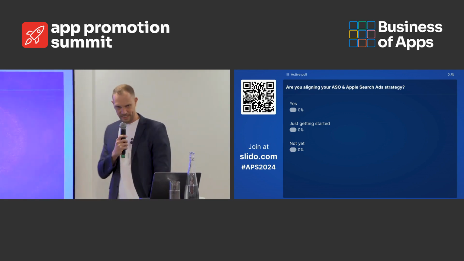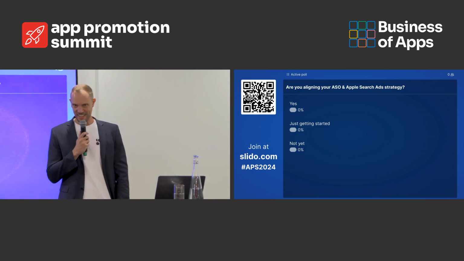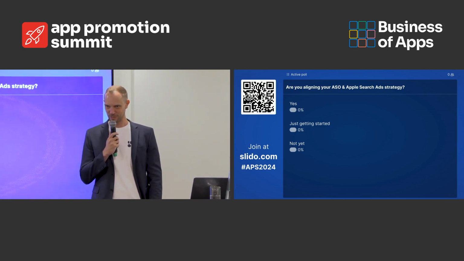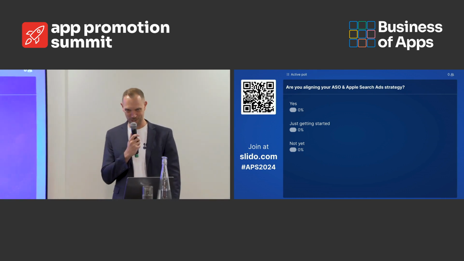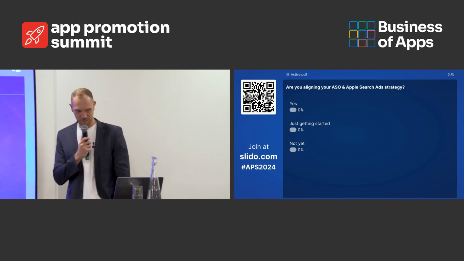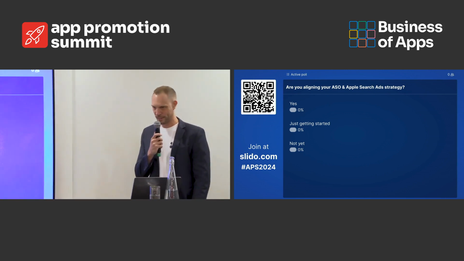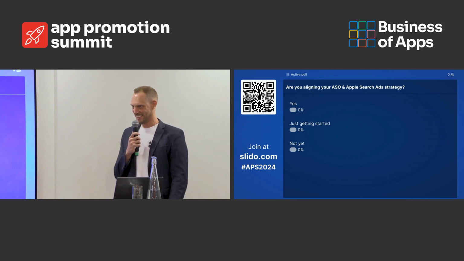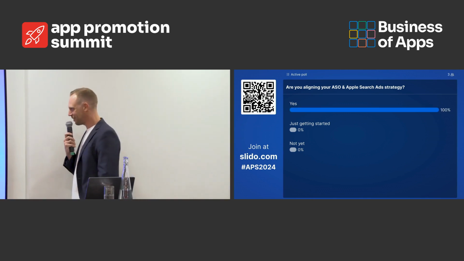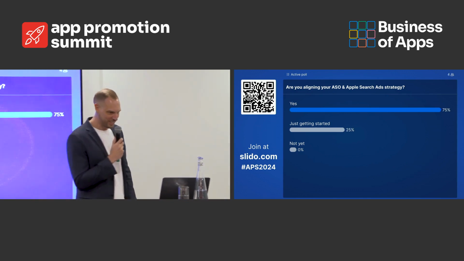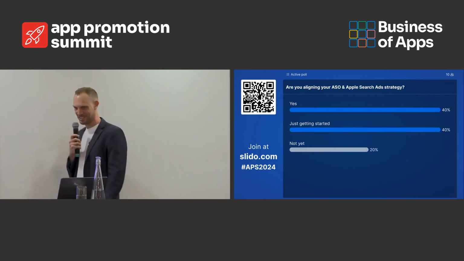So, quick test. We are trying it with Slido as well. Slido is an online tool where you can vote. Please try to scan the QR code or go to slido.com and enter the code APS 2024. And ideally, if everything is working, you should see this question. Yeah, we're getting in the first votes. The question is, are you already aligning your ASO and Apple Search Ads strategy?